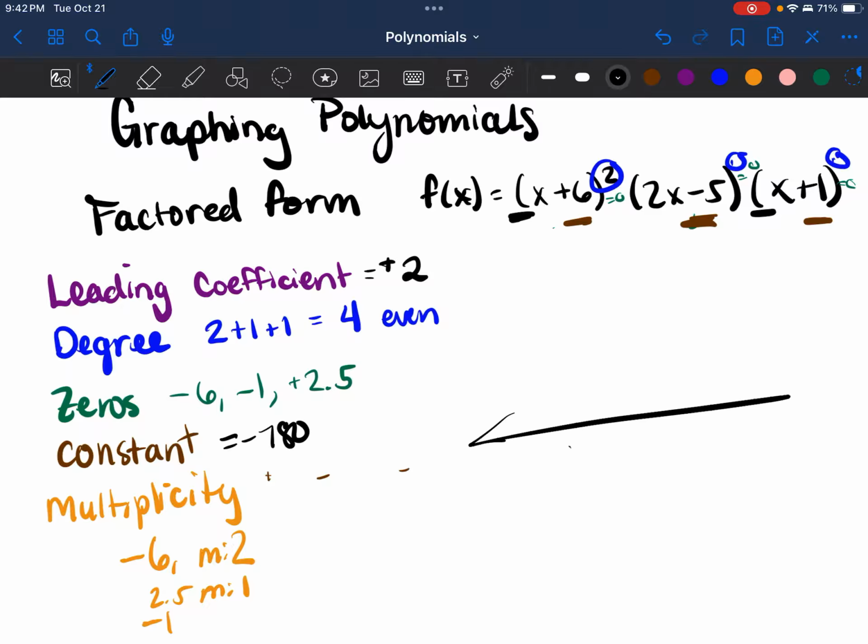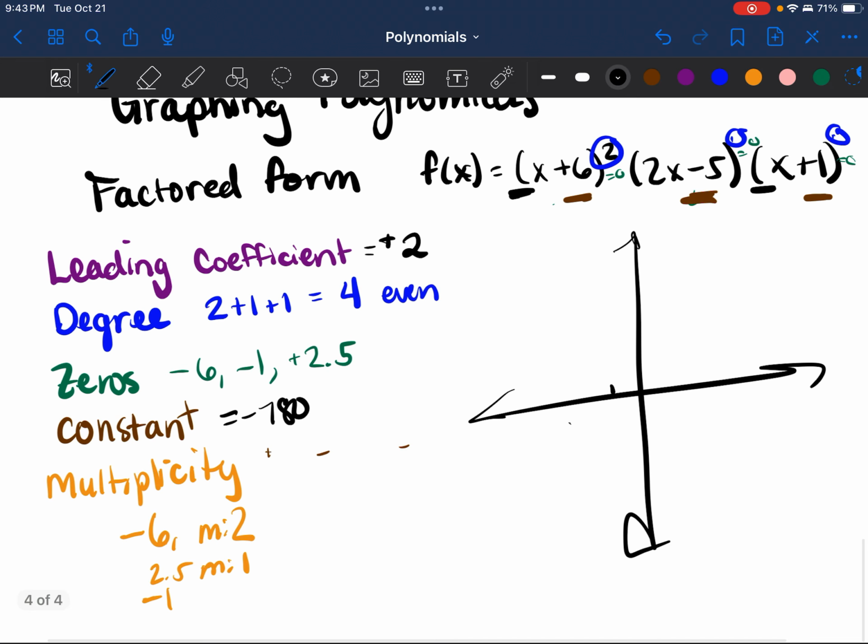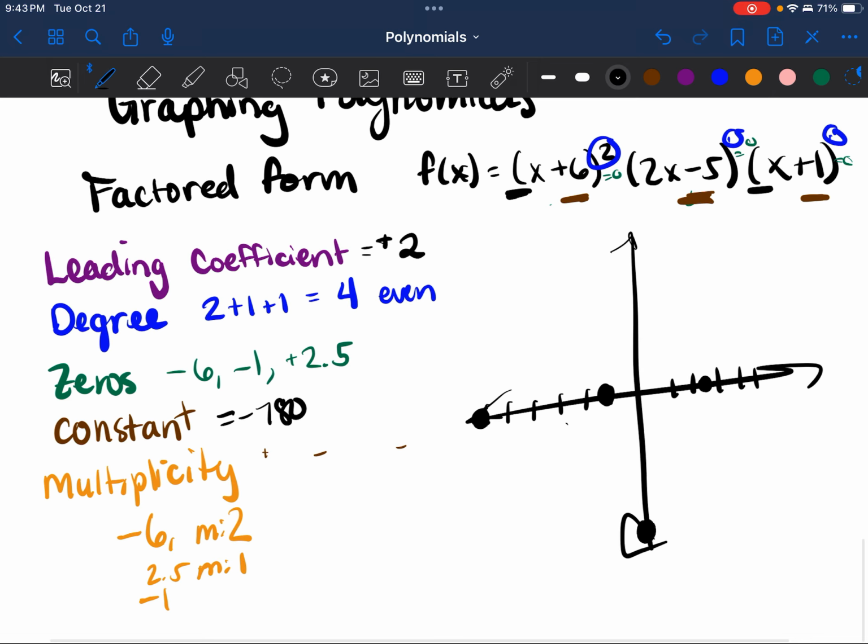And now let's sketch. I have zeros. I'm going to do those first. I have a 0 at -6 and -1 and +2.5. I have a constant at -180, so I can just put that there.